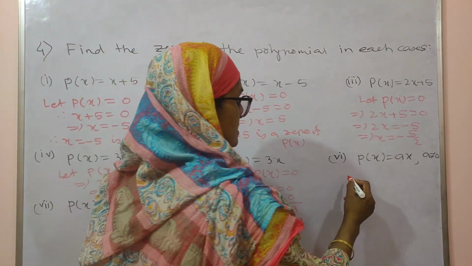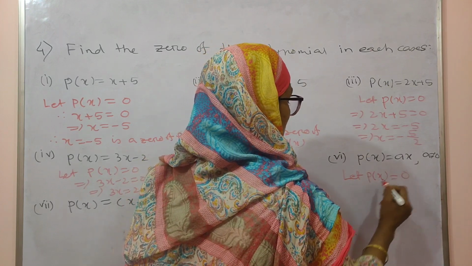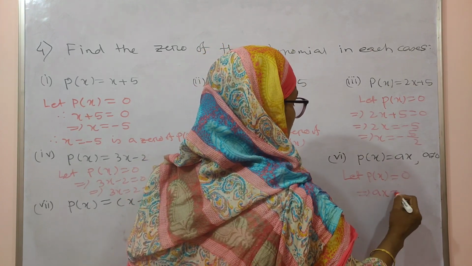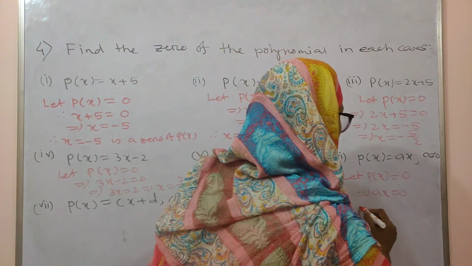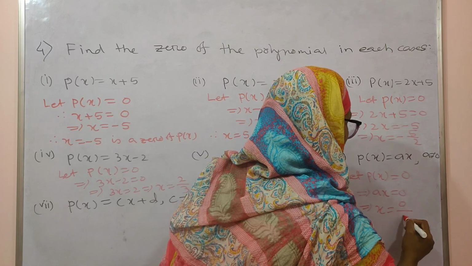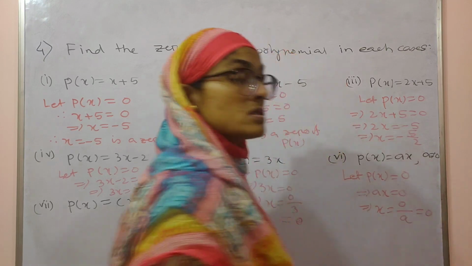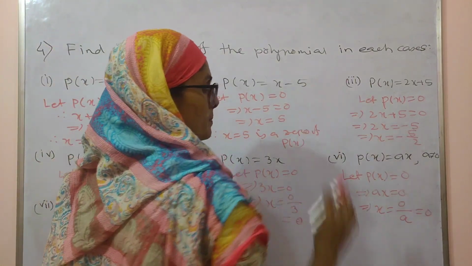Number 6, let p of x equal to 0 or ax equal to 0. Here a is not equal to 0 given. So you can divide by a, x equal to 0 by a equal to 0. So x equal to 0 is the root of p of x.